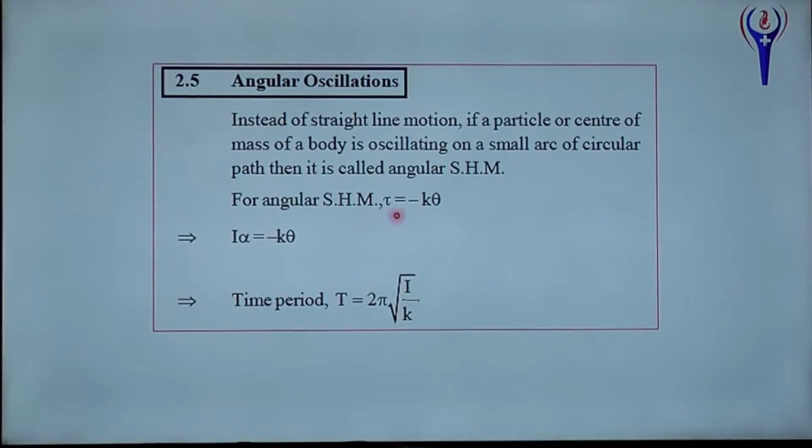There we used force F equal to minus k into x. Here tau equal to minus k into theta, and here also k is a force constant, and I alpha equal to k theta. Therefore time period T equal to 2 pi into square root of I by k, where I is the moment of inertia. There we used m as mass, here moment of inertia I.